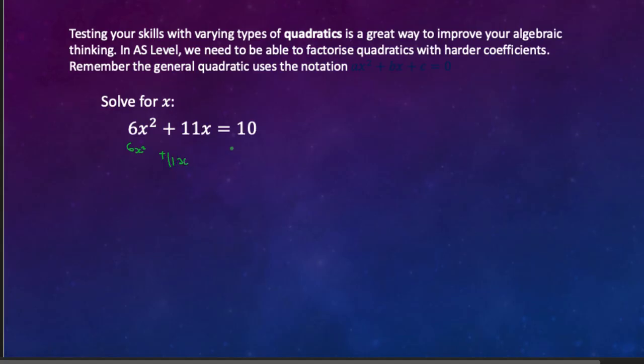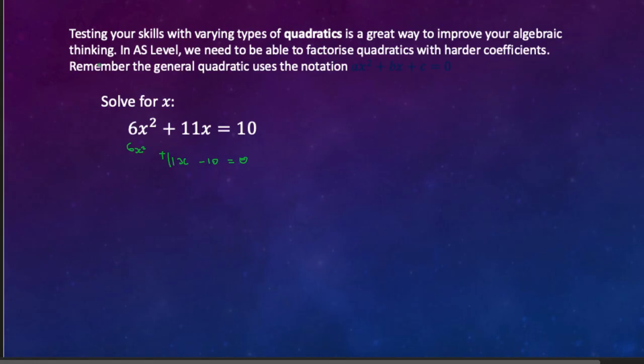So this 10, when it crosses the equal sign, it becomes a negative. So we do that. Now you realize that on the extreme right of the equal sign, there's nothing there. So we write a 0. Now here we have equated the equation to 0.